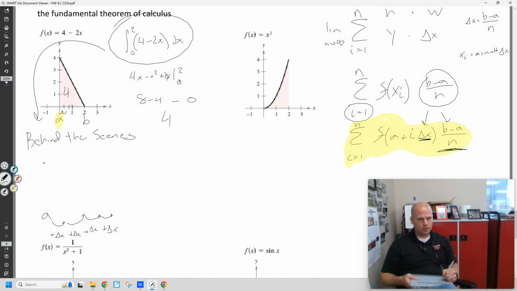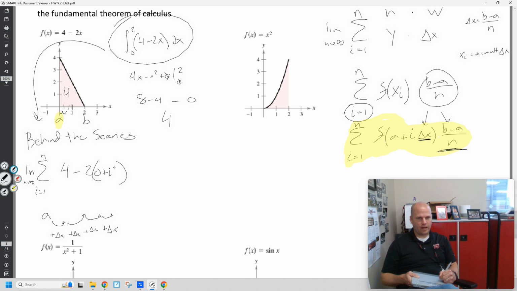Let me show you. Sum. i starts at 1, goes to n. I want to take approximately an infinite amount of these objects. My function is 4 minus 2x. What are the x's that I use? a, which is 0, plus multiples of delta x. What is delta x? It's my width divided by the amount of objects.